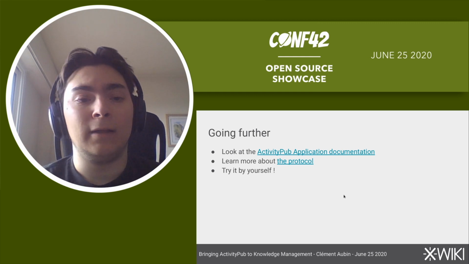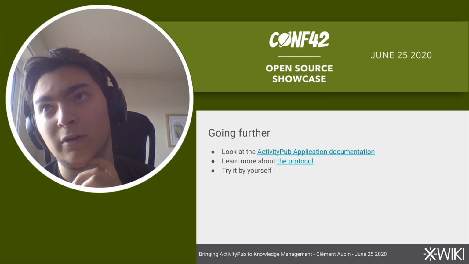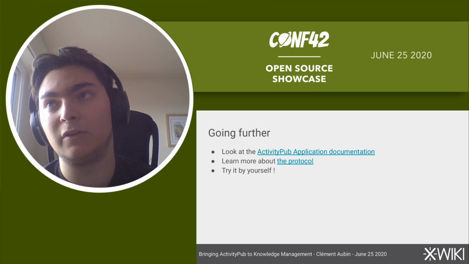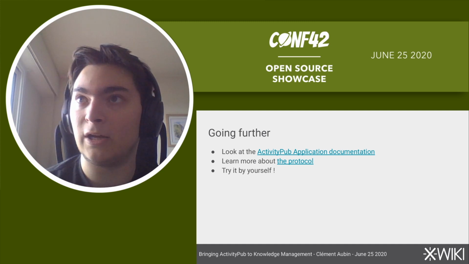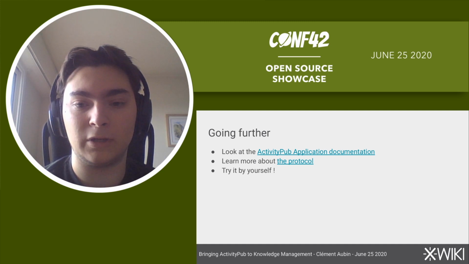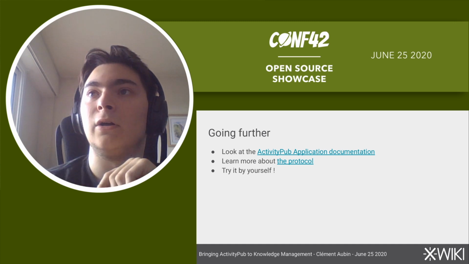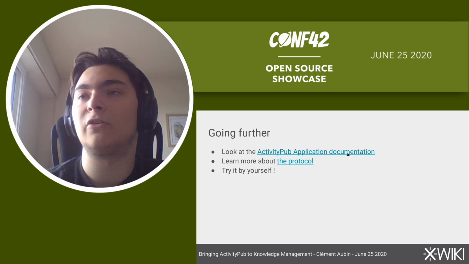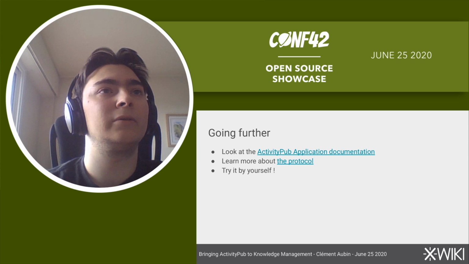So if you want to get a bit more information about this application and this integration, I would highly suggest that you take a look at the slides here and click on the link about the ActivityPub application documentation. I'm going to show it to you here.